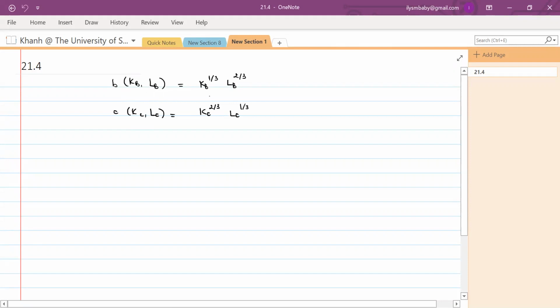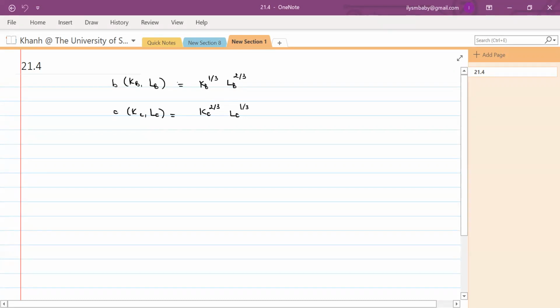If the amount of capital and labor that they would like to use at the optimal level is different from the initial endowment, then they can trade with each other in order to reach the Pareto optimal allocation, in which each firm is using the optimal amount of capital and labor for its production.